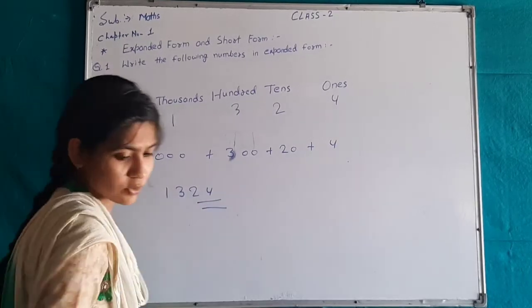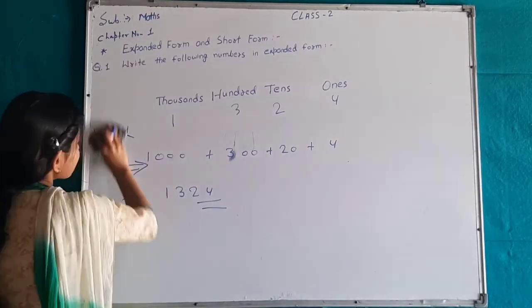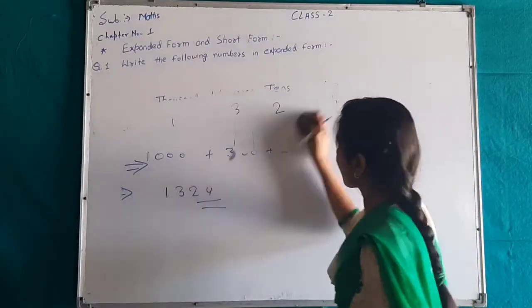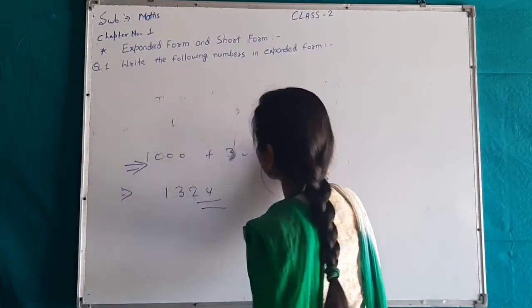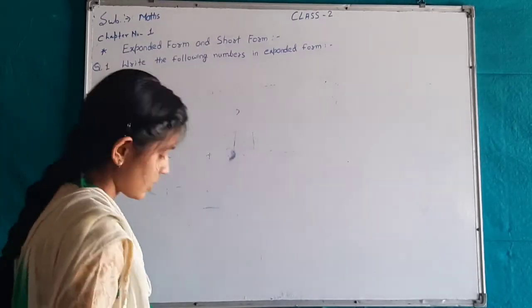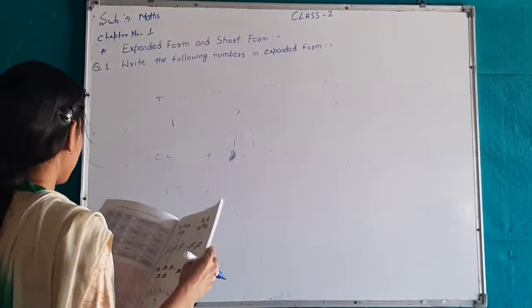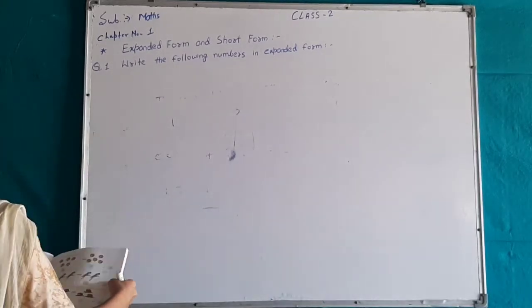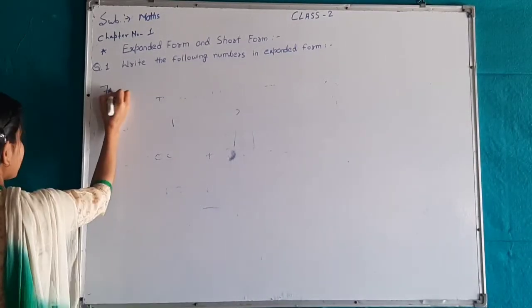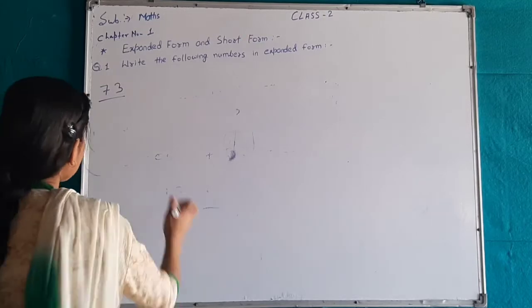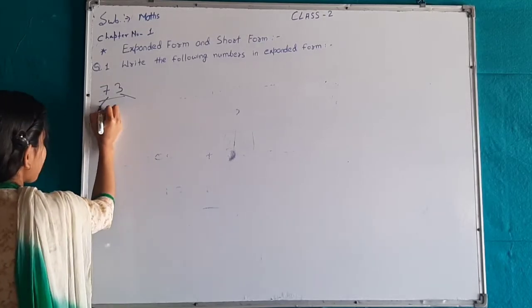So let's do your exercise. In your notebook, here is a question. Write the following numbers in expanded form. Your number is 73. We have to write it in expanded form. 73 means 3 ones and 7 tens.